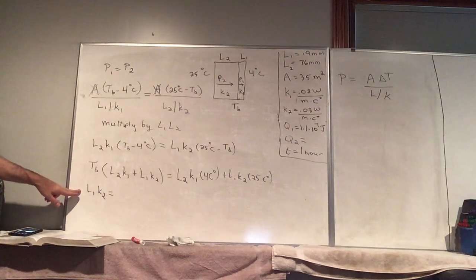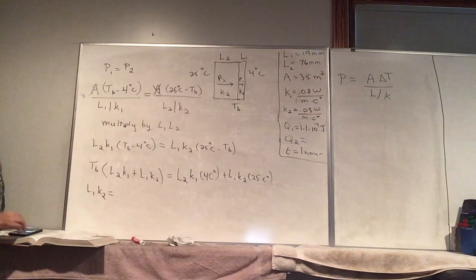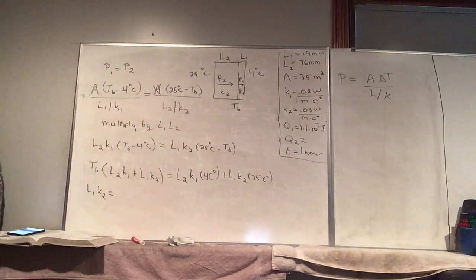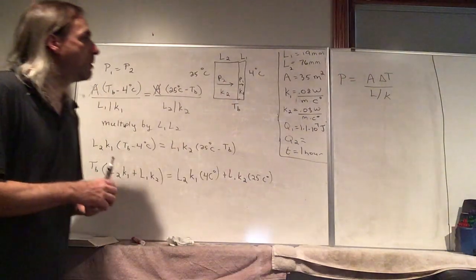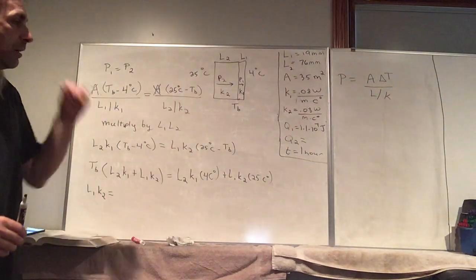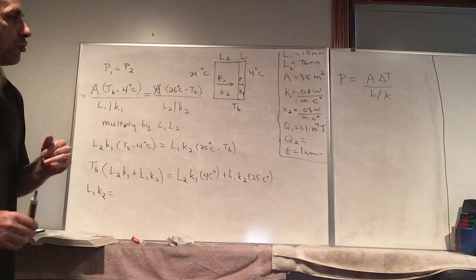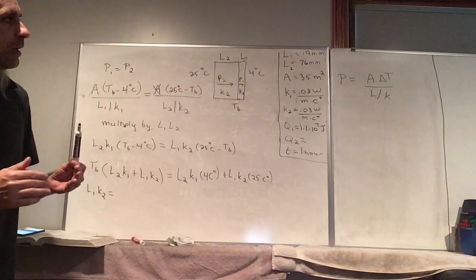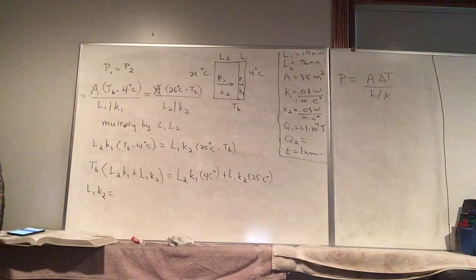So basically we have 19 times 0.03. Just the number part. 19 times 3 is 57. So that should be 0.57. And then we want to convert the millimeters to meters, so we have to divide by 1,000.